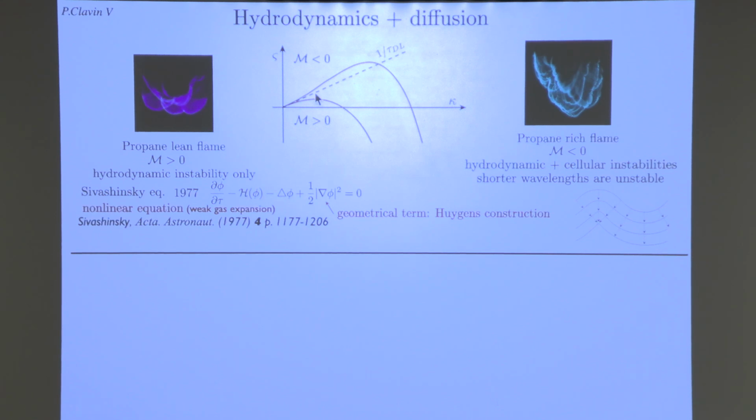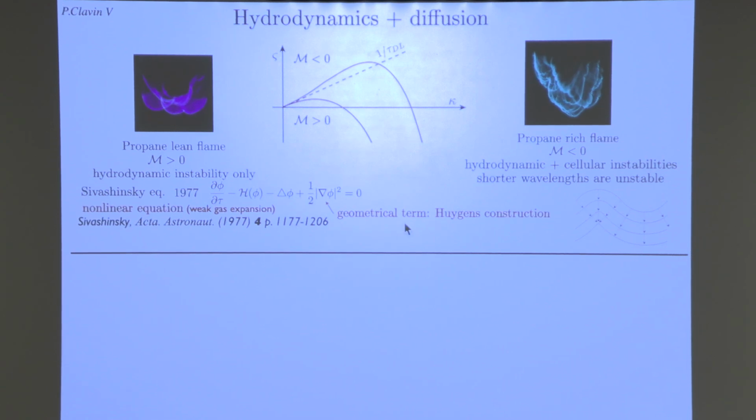This is the case where you are diffusively stable, so you stabilize the short wavelengths, large K, but you stabilize also the short wavelength when you are thermodiffusively unstable, but the range of unstable wavelengths is much larger than the range of stable wavenumbers. And this is clearly observed in experiments.